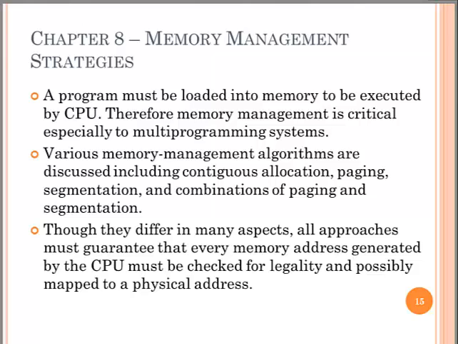Although they differ in many aspects, all approaches must guarantee that every memory address generated by the CPU must be checked for legality and possibly mapped to a physical address. Now remember, even when you are working with memory addresses, the processing of that address has to be done by the CPU as well. So it's not a matter of just getting data or instructions from the RAM or from memory.